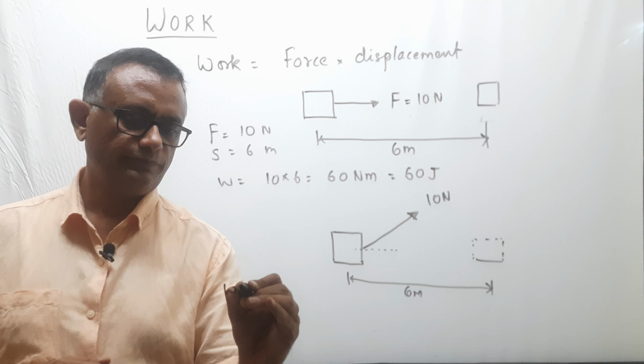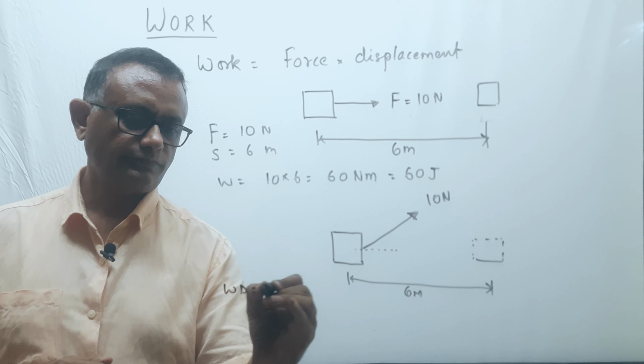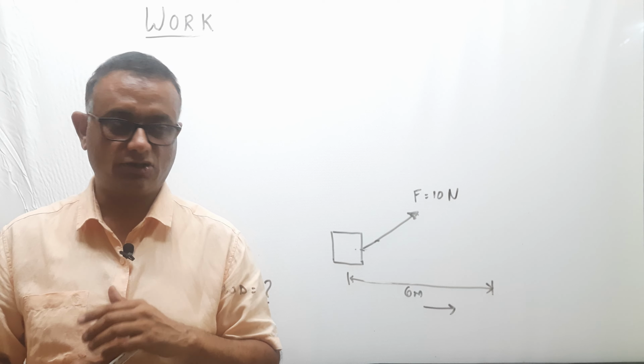But the object is moving the same 6 meter as the displacement and lands up somewhere here. Now if I ask you what is the work done, what would you say? So if you say in this case as well, the work done will be equal to force 10 Newton into 6, 60 Newton meter, I'm sorry my friends, the answer is wrong.